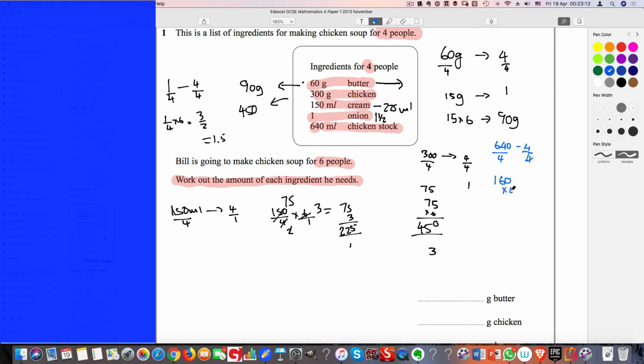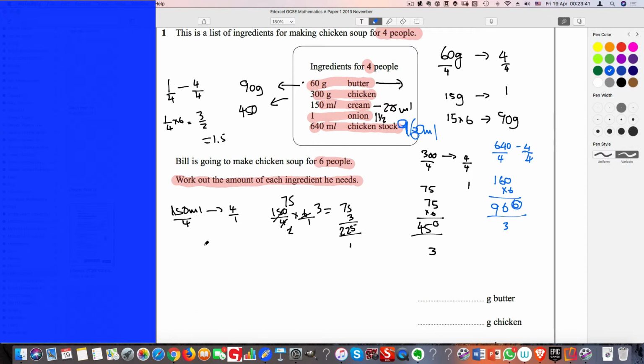Then multiply that by 6, you get 0. And then 6 times 6 is 36, carry 3. 6 times 1 is 6, and 3 is 9. So you need 960 milliliters for the chicken stock.